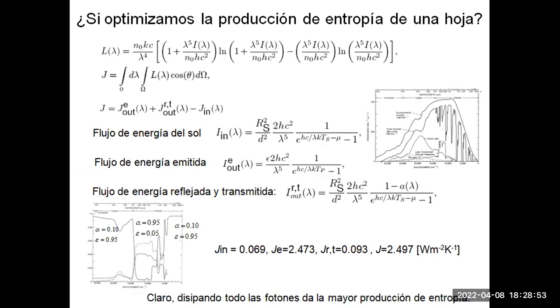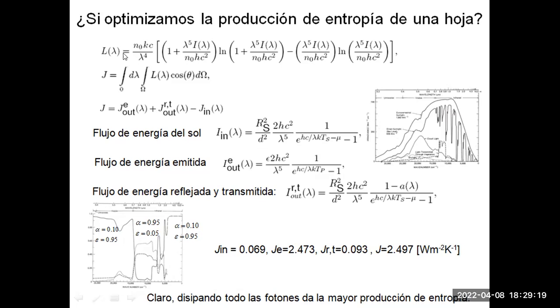Well, let's suppose that nature, instead of optimizing photosynthesis, optimizes entropy production. So let's try to do the calculation. We can write an equation. I haven't mentioned this in the previous talks, but this is an equation which was given by Planck at the turn of the century, the 1900s.